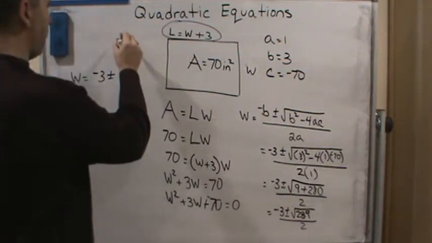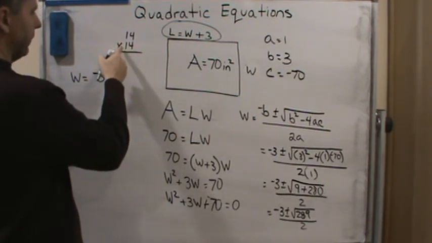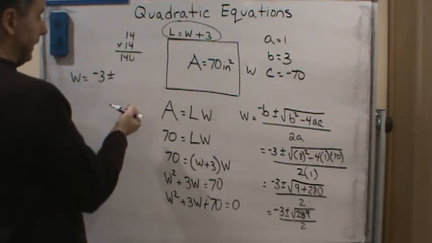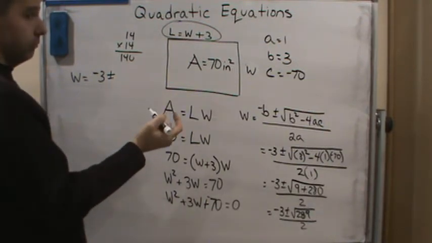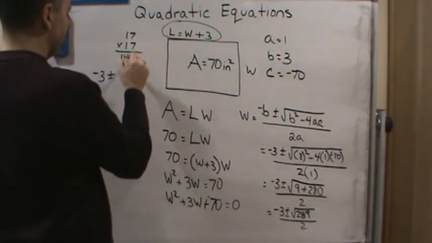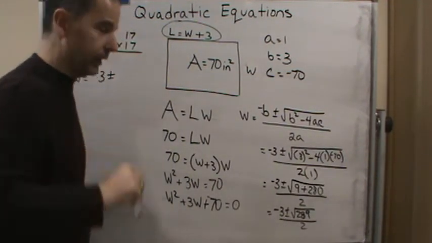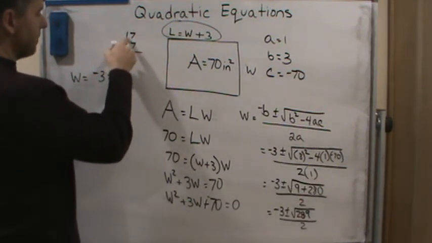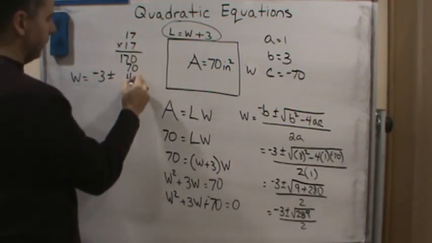If you don't believe me, just check it: 17 squared. 10 times 17 is 170, and then 7 times 10 is 70, and then 49, and there's your 9.